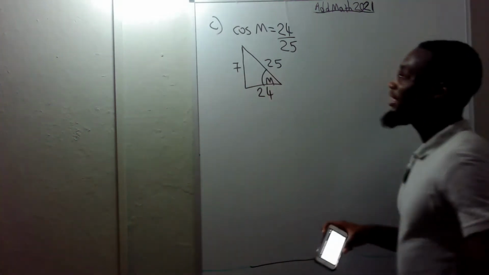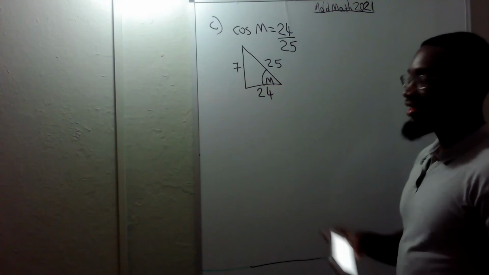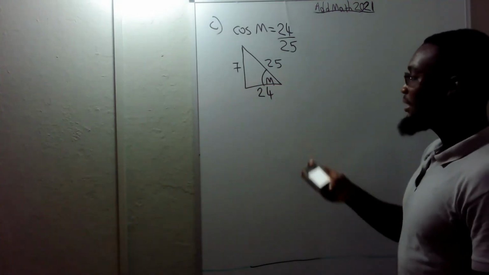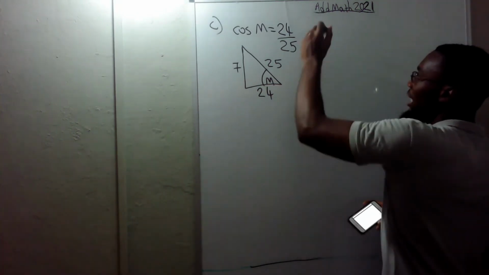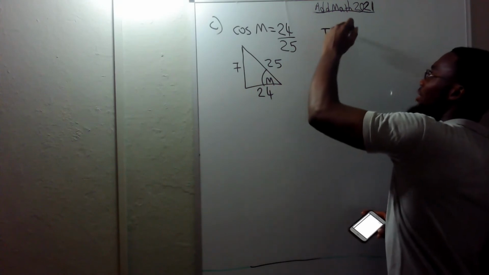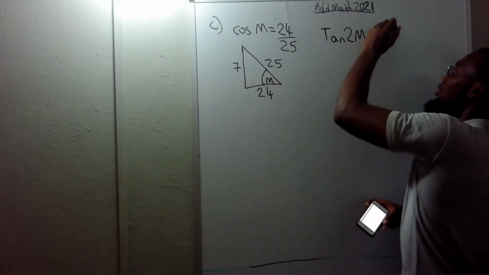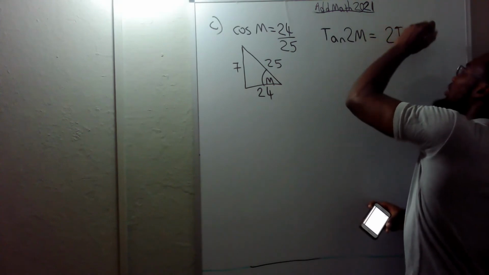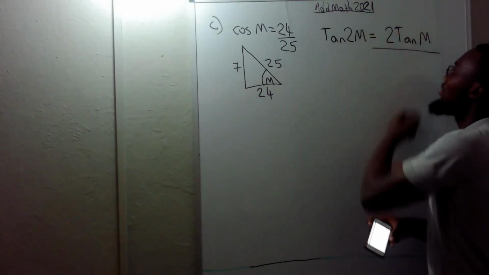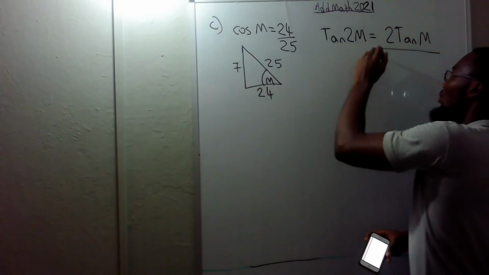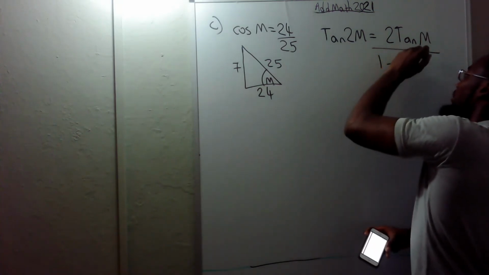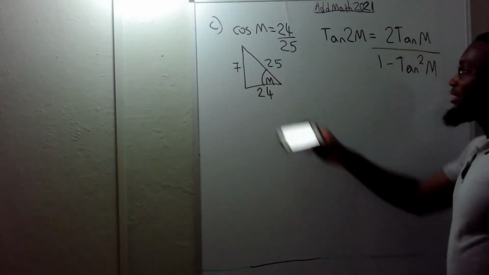And so we have 7, 24, 25, that is cos m. And they say determine the tan of 2m. Now guys, there are two ways you can do this. Remember, tan 2m is 2 tan m over 1 minus tan squared m. So all we need is tan m.